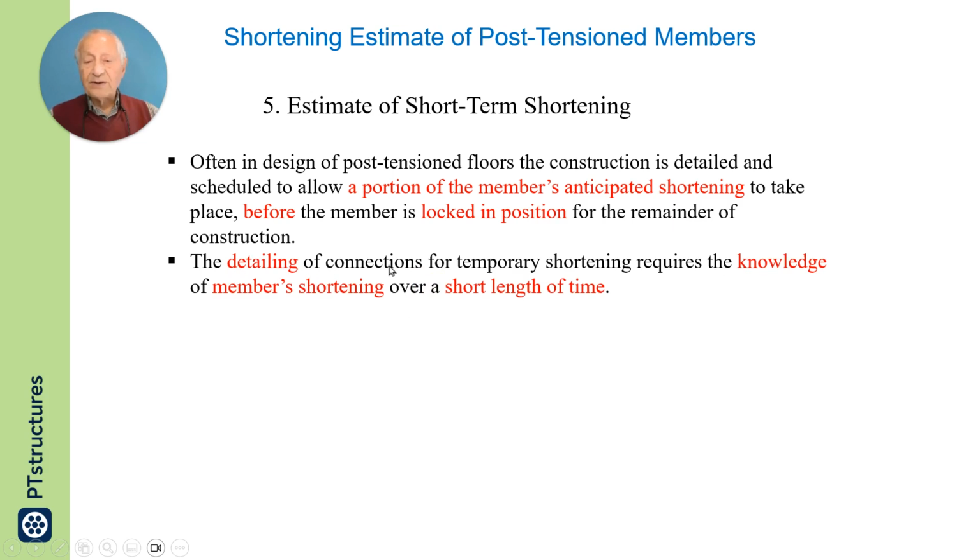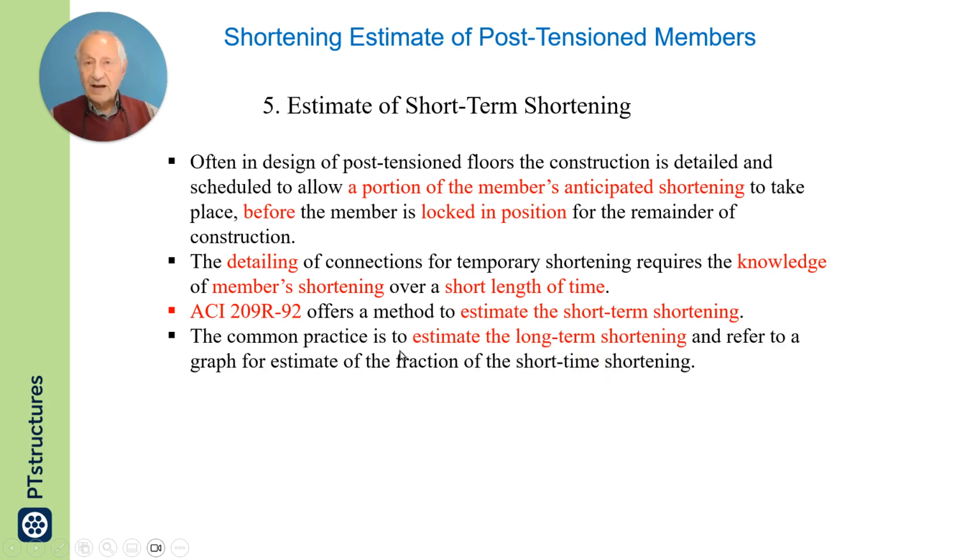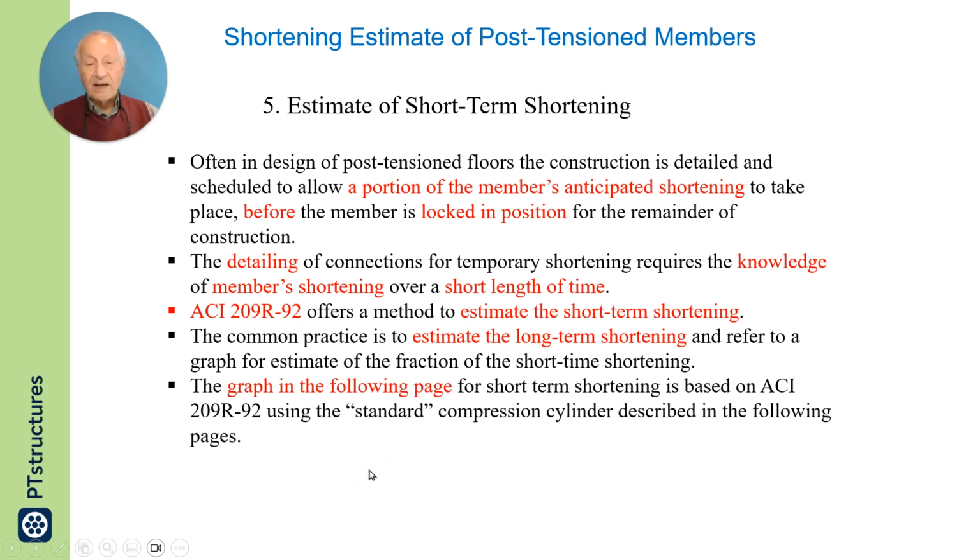The detailing of connections for temporary shortening requires the knowledge of member shortening over a short length of time. The ACI code gives you the estimate of member shortening. The common practice is to estimate the long-term shortening and refer to a graph for estimating the fraction rather than going through the detailed calculation of ACI.